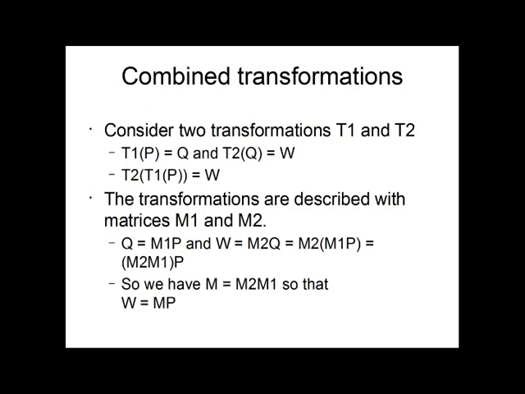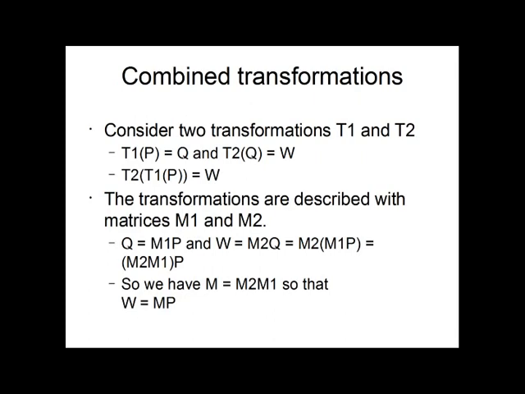And if we describe them with matrices, we can set them up in this way, and we see that the combined transformation matrix M should be M2 times M1, when M1 is the transformation that should be done first, and M2 the transformation that should be done second. So flipping the order of the transformations. In the end, we're going to do it differently, or actually we're just going to not flip them.